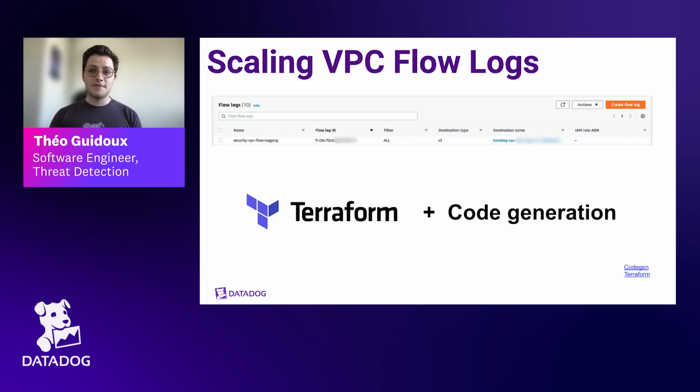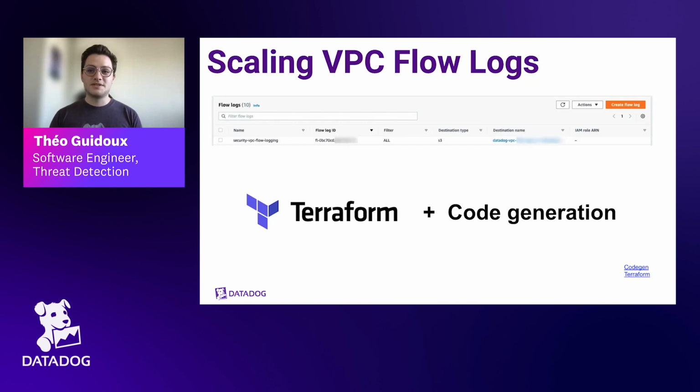A few words about what this is first. Terraform is an open source infrastructure as code software tool created by HashiCorp. To make it really quick, you define resources with some code, you give it a cloud provider, and Terraform will do the hard work of setting this up.